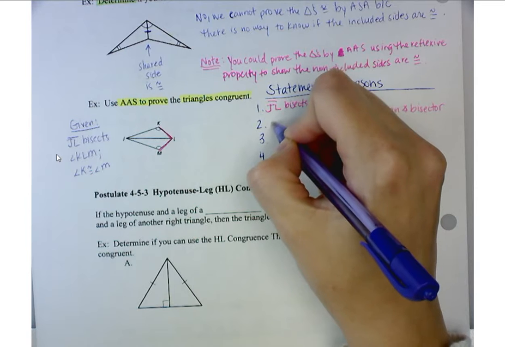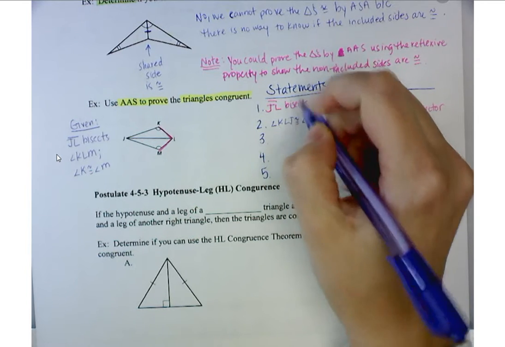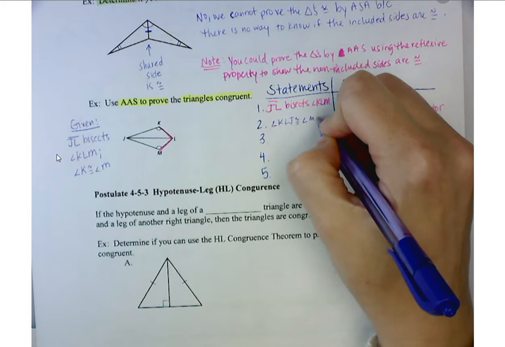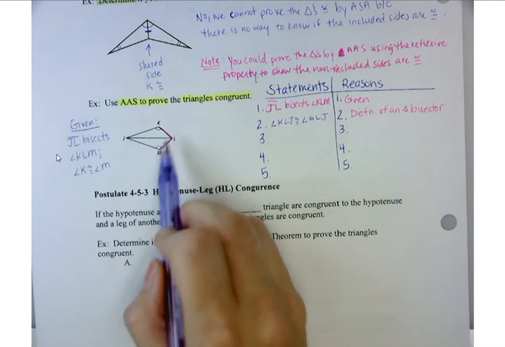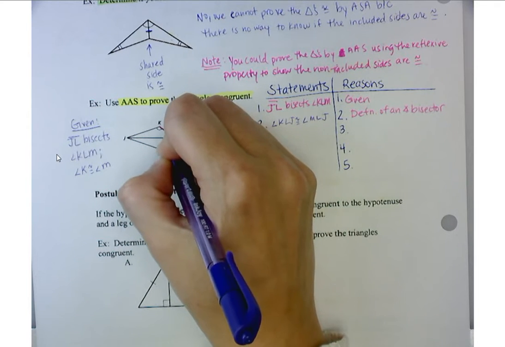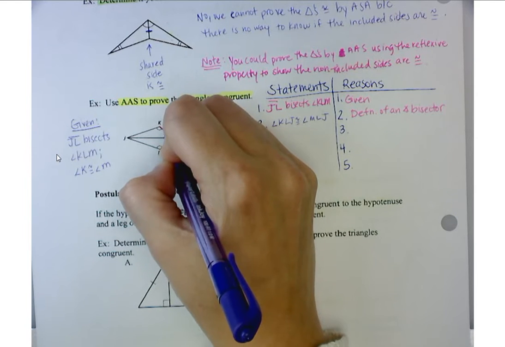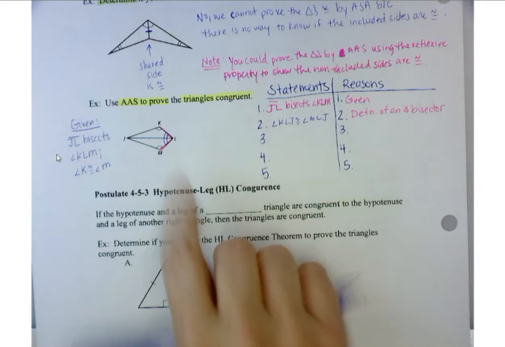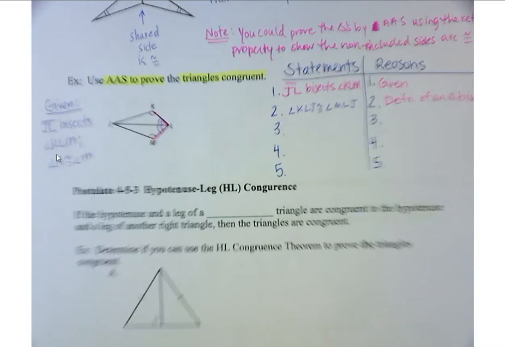Good, so angle KLJ, and you said that was congruent to MLJ. Perfect. So based on the fact that this cuts the angle in half, I would say KLJ is congruent to MLJ. And it should be in that order. And then look, I also marked it off on my diagram.